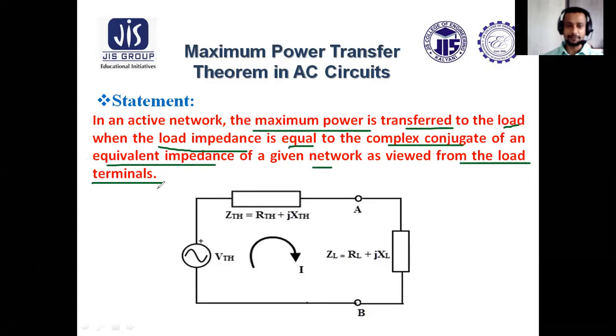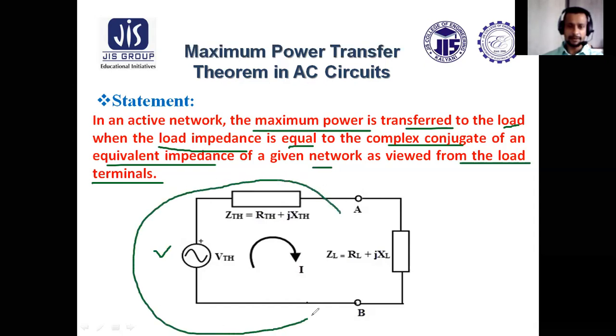What does that mean? Suppose this is the voltage source. You all know any complex circuit can be represented by Thevenin's equivalent, where VTH is the Thevenin voltage and ZTH is the Thevenin equivalent impedance. Now, suppose a complex circuit is represented by this circuit.